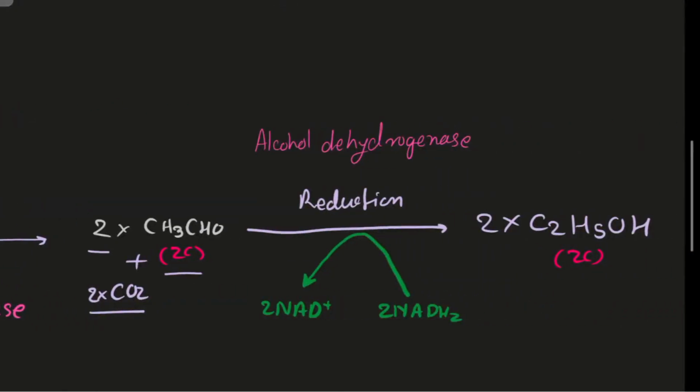On further reduction with alcohol dehydrogenase and by converting 2 NADH2 into 2 NAD+, we get 2 molecules of ethanol, that is a 2 carbon compound.